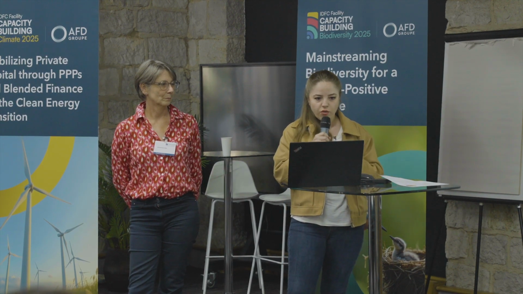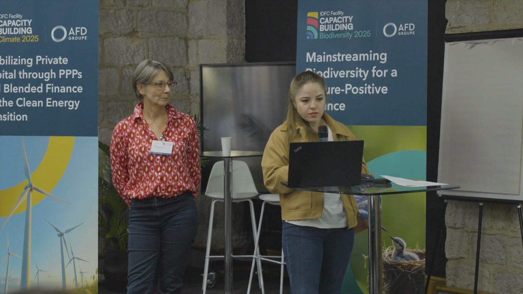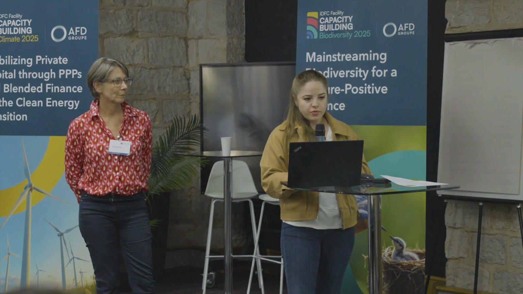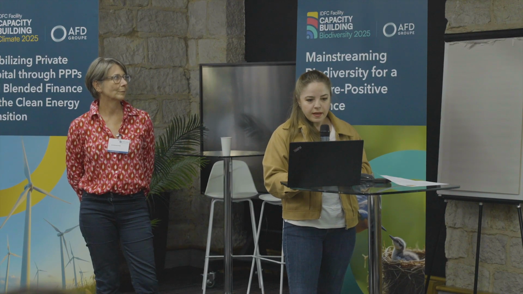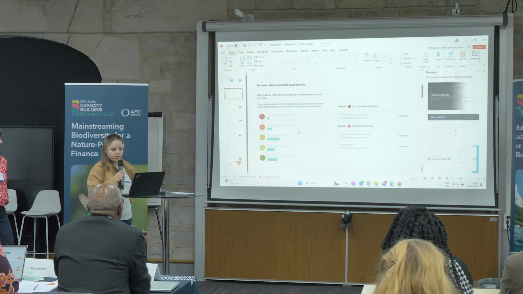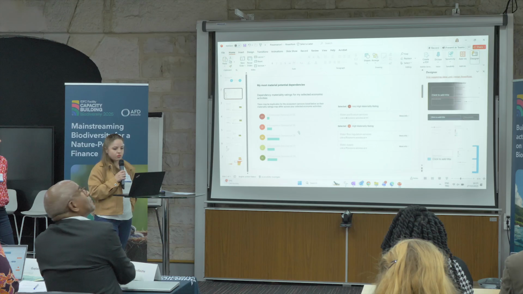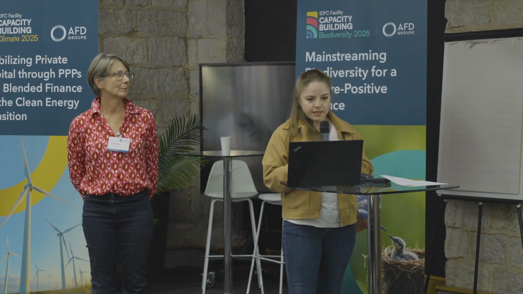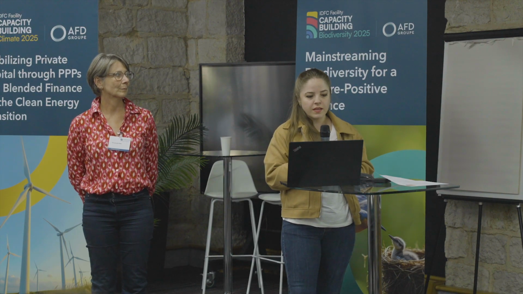So we used ENCORE and we identified 12 dependencies on ecosystem services and 4 pressures. For the dependencies, we have 1 very high materiality for the water purification services and 2 high materiality for the water flow regulation services and water supply. As for the impacts, we don't have any very high or high impacts.